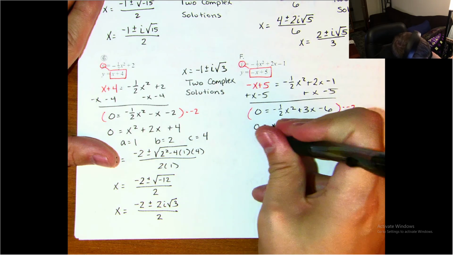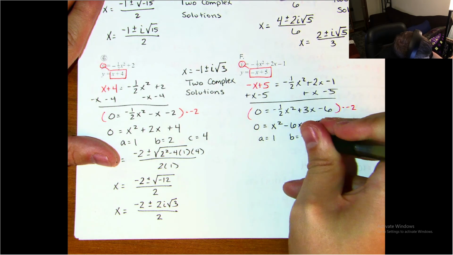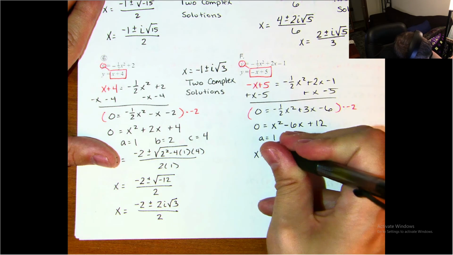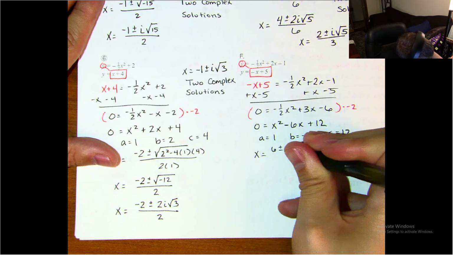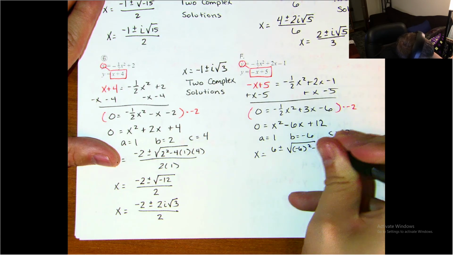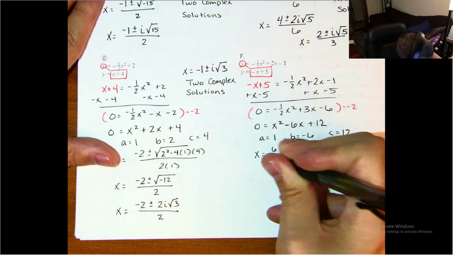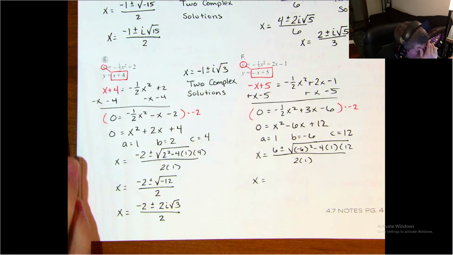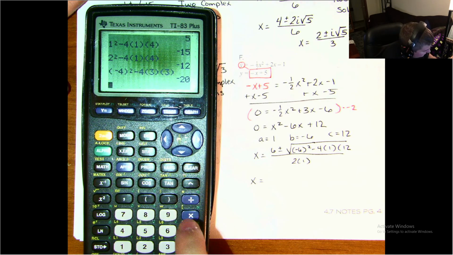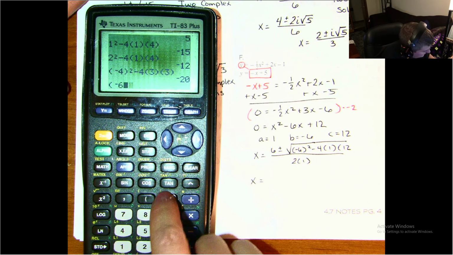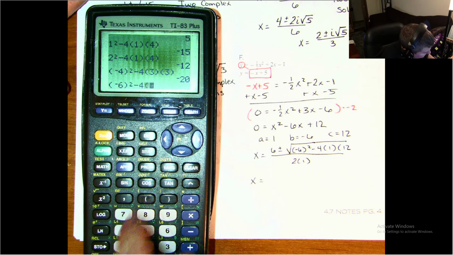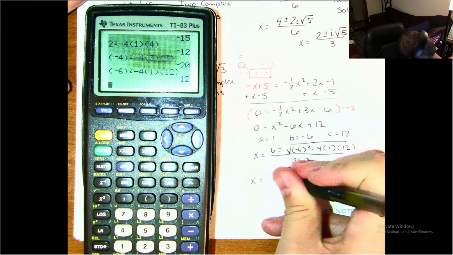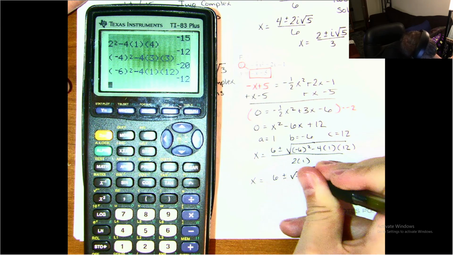So that means I'm going to have to find my A value, my B value, and my C value, which tells me x is equal to the opposite of b plus or minus the square root of b squared minus 4 times A times C, all divided by 2 times A. So we need to figure out what that discriminant is. Negative 6 squared minus 4 times 1 times 12. That's negative 12. So 6 plus or minus the square root of negative 12 over 2.